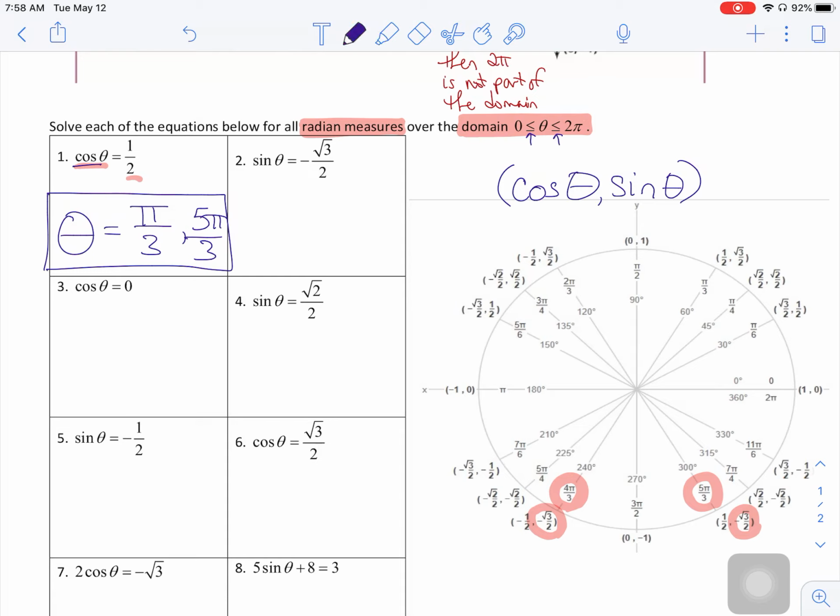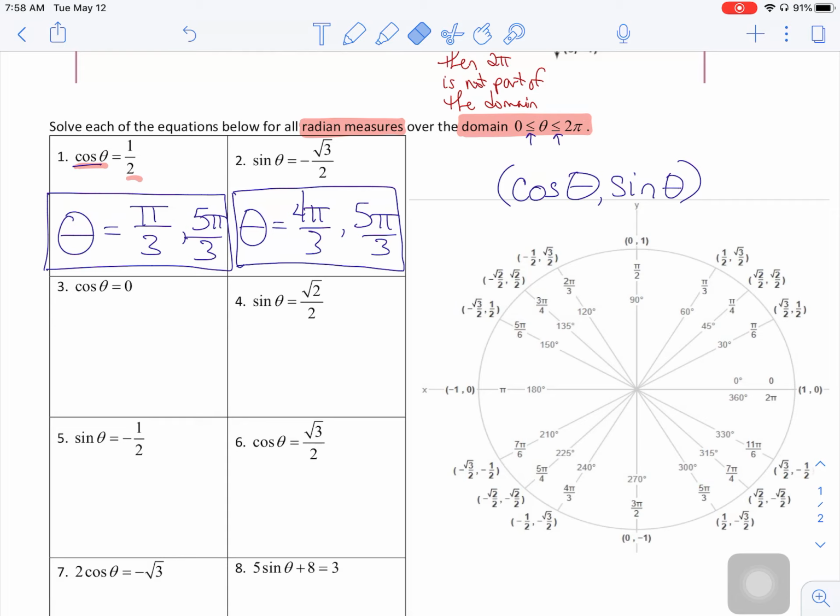Okay, so let's see if I can do a slightly better job this time of writing them in here. So theta is equal to 4 pi over 3 and 5 pi over 3. The order that you write your two answers doesn't matter. If you want to put the word or between them as opposed to using a comma, that's fine. Okay, so again, I'm going to erase what I've highlighted.